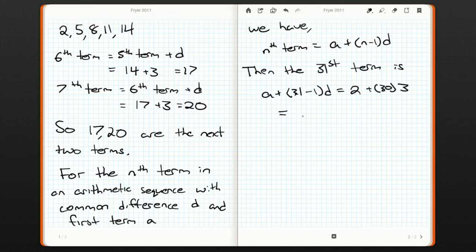So that's going to be 3 times 30, that's 90. 2 plus 90, 92. So now we know what the 31st term in the sequence is.